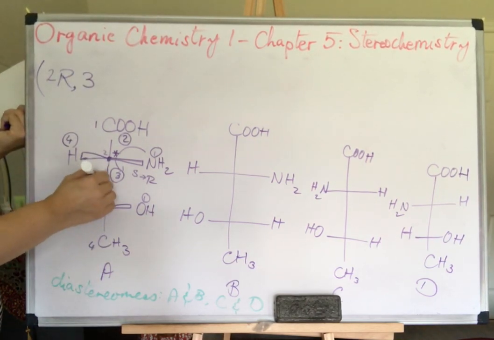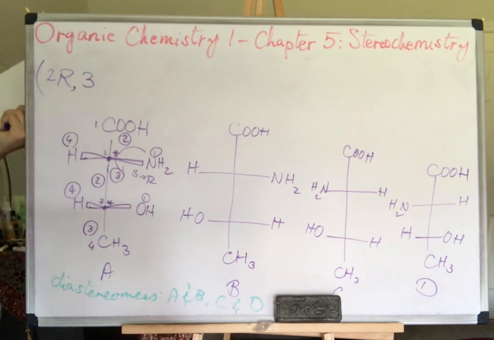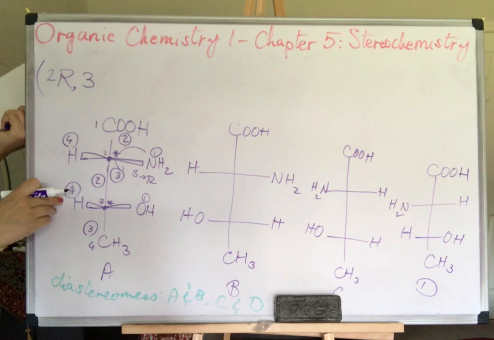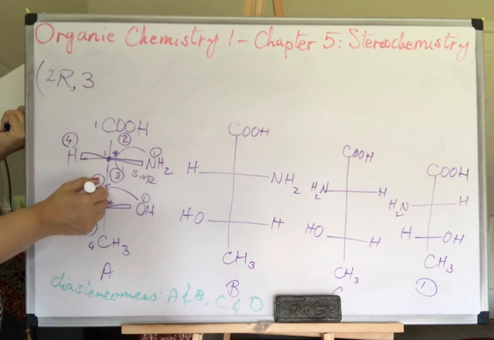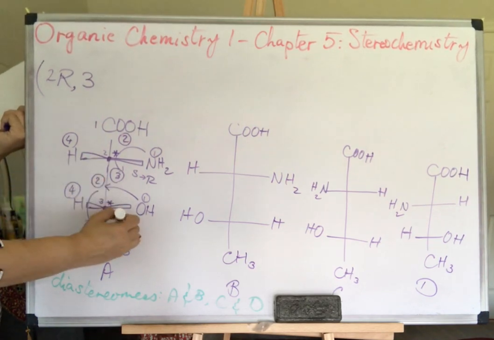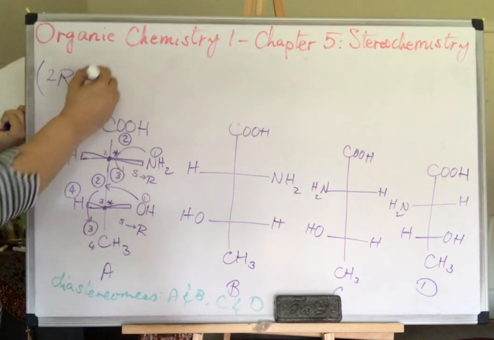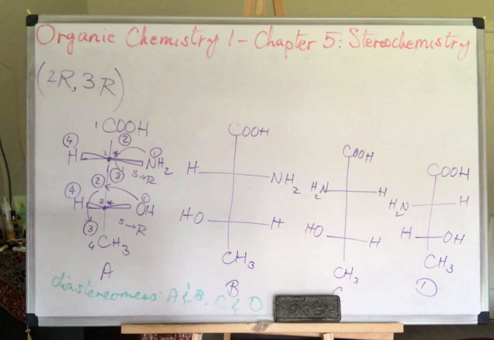So this is group number 2, group number 3. Now, hydrogen again is in the front, so whatever rotation we see, we have to switch it. 1 to 2 to 3, it looks like S, but again it is R. So this configuration is 2R, 3R.